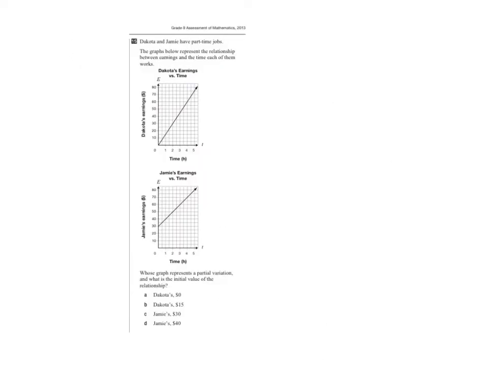This question again, you need to be able to understand the graph and what it's asking and telling you to do. So Dakota and Jamie have part-time jobs. The graphs below represent the relationship between earnings and the time each of them works. So Dakota's earnings, what can we see?